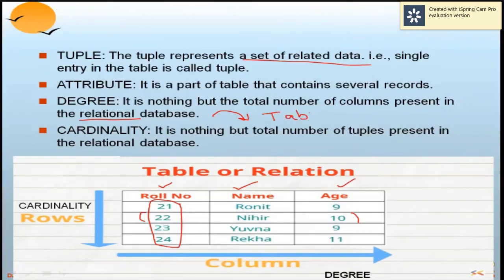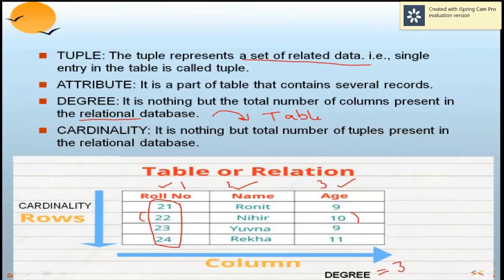So what is the degree here? It's nothing but the number of columns present in a table. Now let's count how many columns I have here, like how I counted in the previous slide. How many columns? 1, 2, and 3. So for this table, I can say the degree is equal to 3.